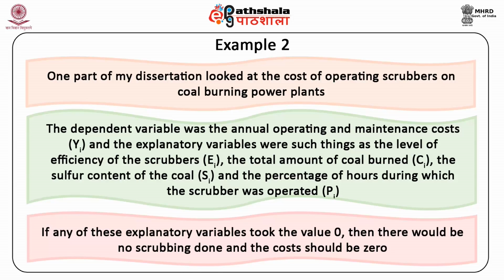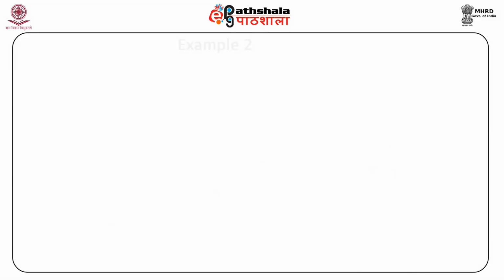If any of these explanatory variables took the value 0, then there would be no scrubbing done and the cost should be 0. Further, if any of these were to double, I would expect that the total cost would rise by some percentage, perhaps doubling.